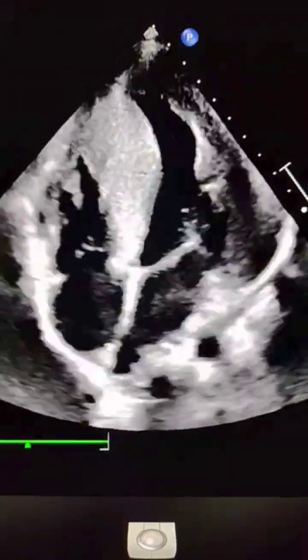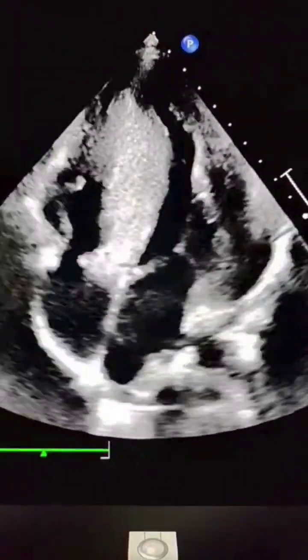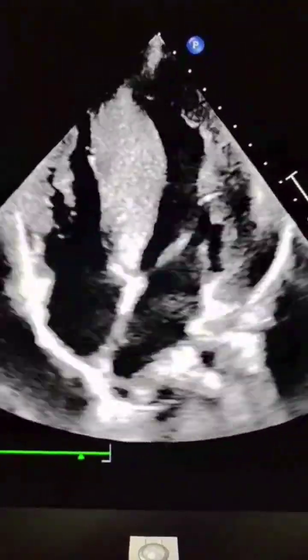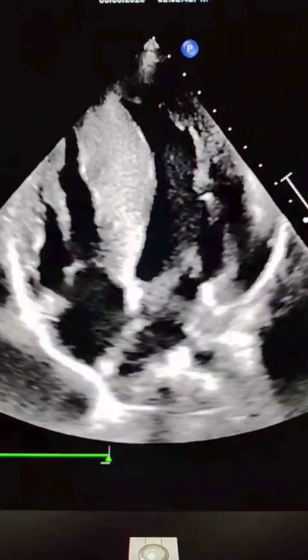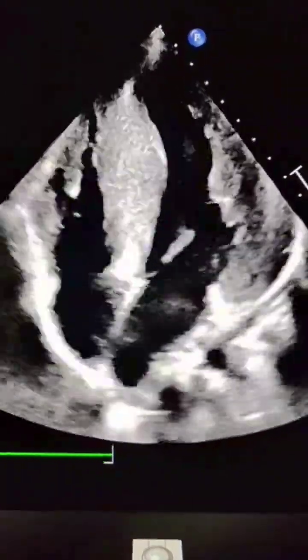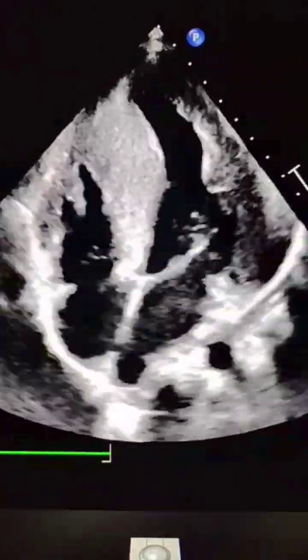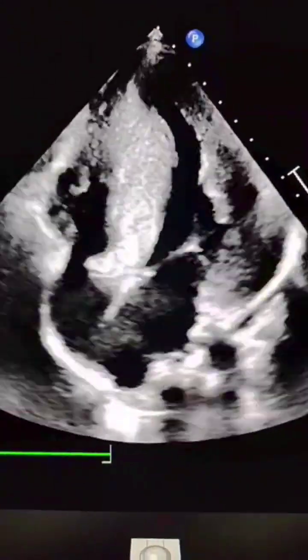So let's come to the 4-chamber view, and you can see the hypertrophy of the septum and the posterior wall. You can see the septum is of the catenoid variety, that is the reverse curvature variety, and that is the most common.